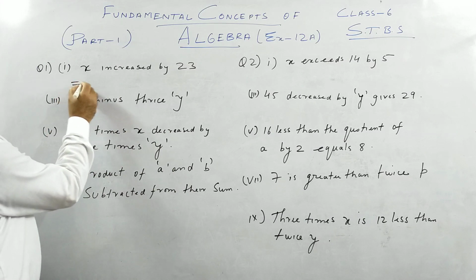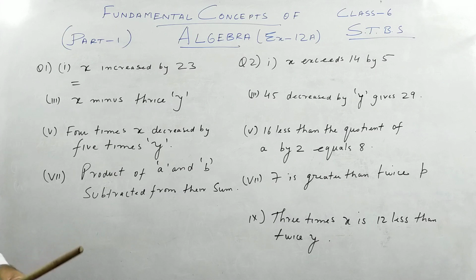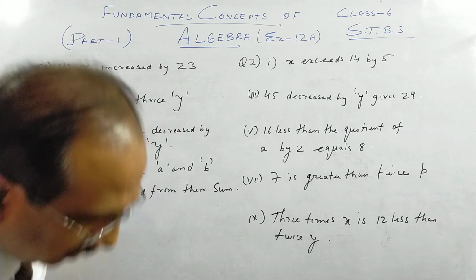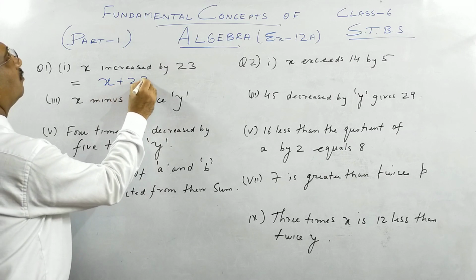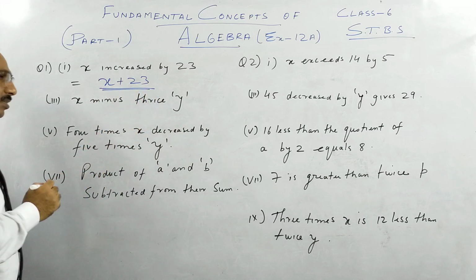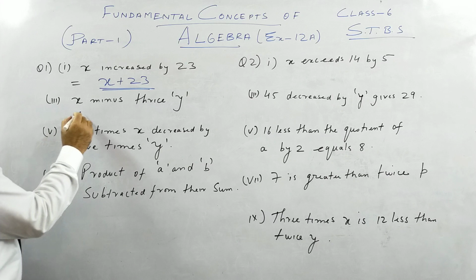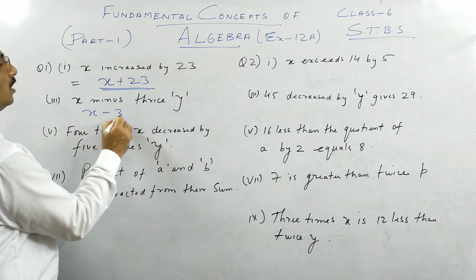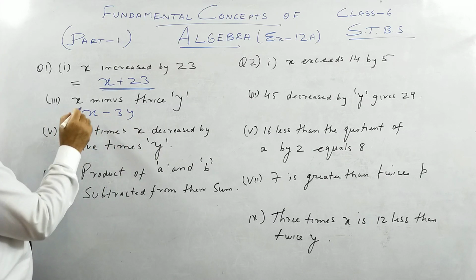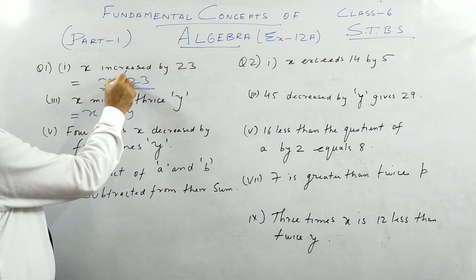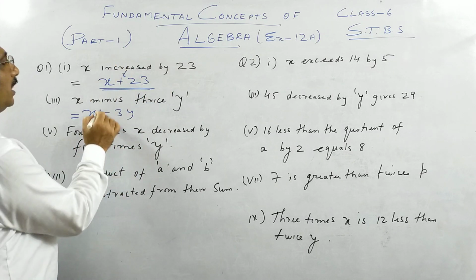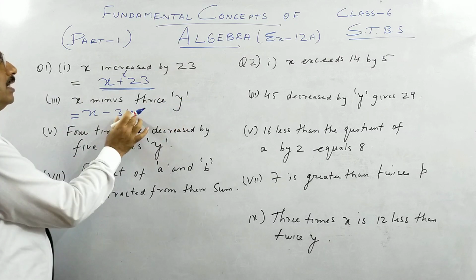So x increased by 23 means x plus 23. Then x minus thrice y. Increased by means plus, minus means minus, thrice means 3 times y.